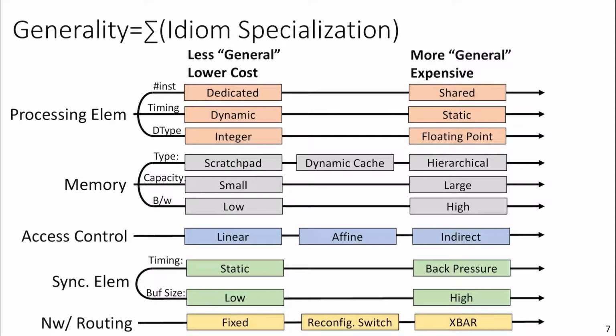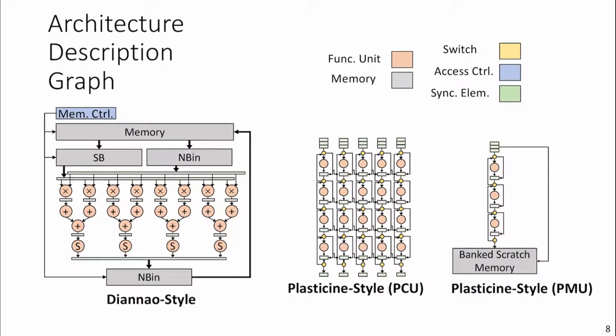design space. Then our main idea becomes that we can express each design point by composing a set of simple hardware components like processing elements, switches, and so on, where each such component can optionally choose some different idioms. We call this representation an architecture description graph.